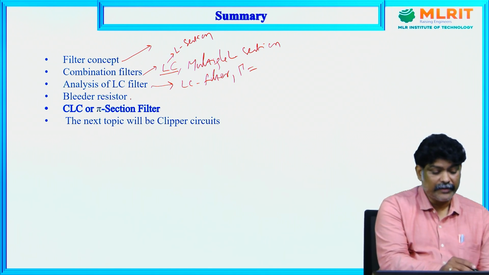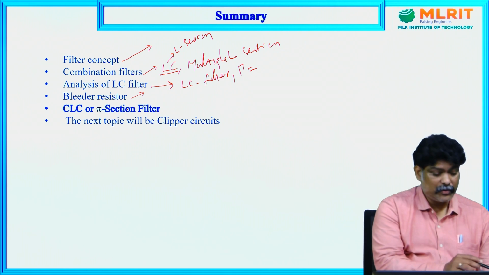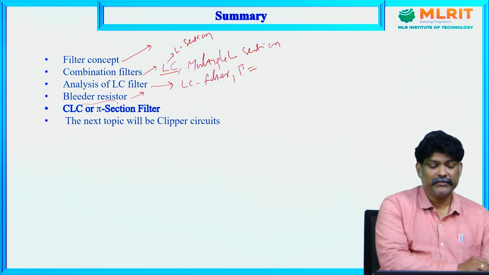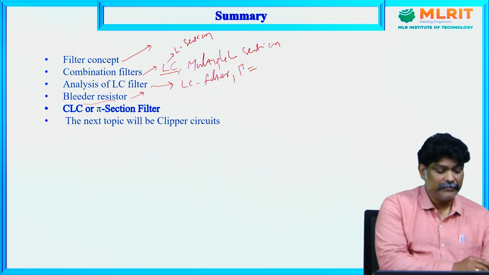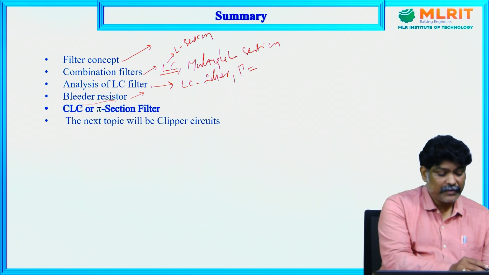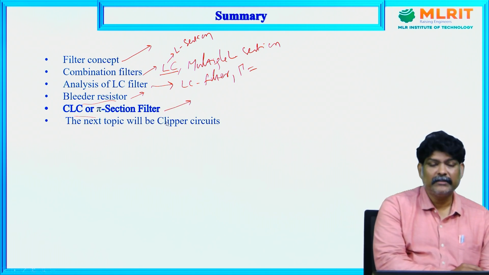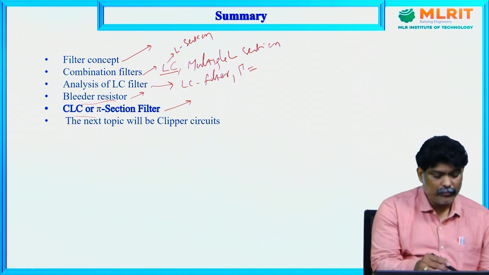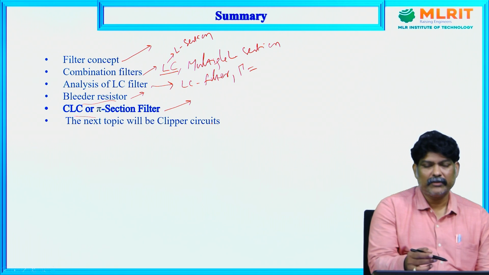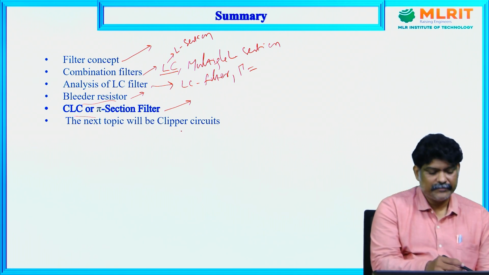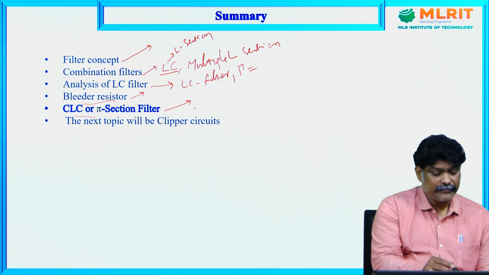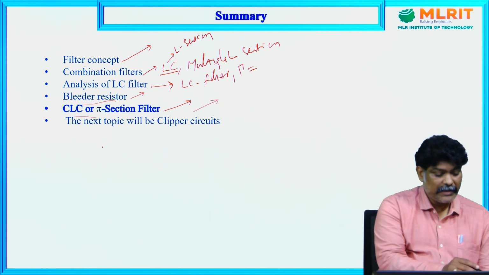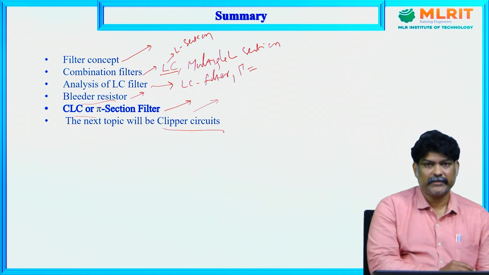Then we discussed the inclusion of the bleeder circuit, and what the advantage of the bleeder resistor is. Then we discussed the CLC pi section filter, which gives a smoother filtered output but poor regulation. All these topics we have covered in today's session, and the next topic will be clipper circuits. Thank you.